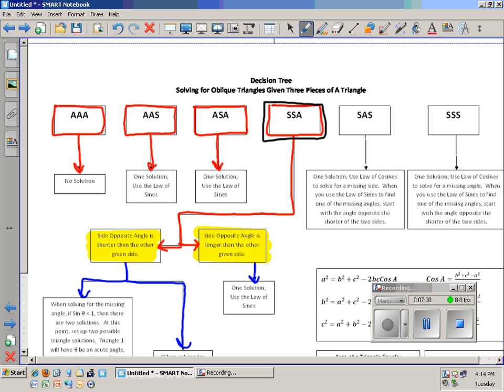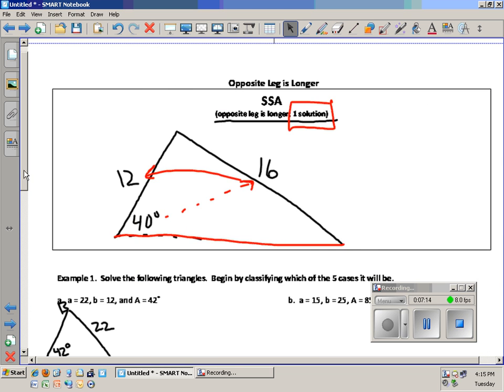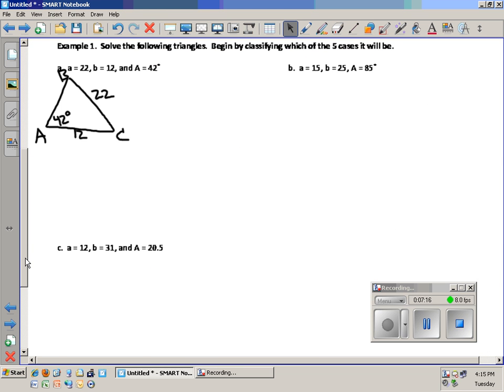I need to decide, is the side opposite the angle shorter, or is it longer? Let's check. If I go to the side opposite the angle, 22 is longer than 12. My decision tree says I have one unique solution. Use the law of sines and solve.